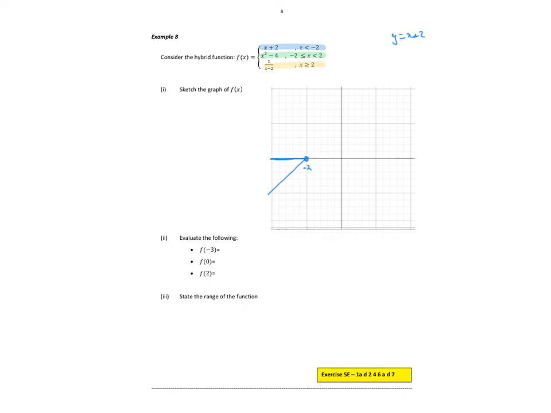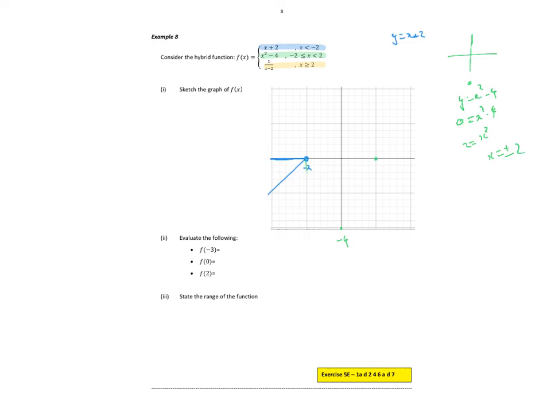What about x squared minus 4 between -2 and 2? Well, x squared minus 4 is a parabola shifted down 4 units. So 4 units, if that's 2, that must be -4. So if y equals x squared minus 4, to find my x-intercepts, put y equal to 0. X squared is equal to 4, so x equals plus or minus 2 for the intercepts.